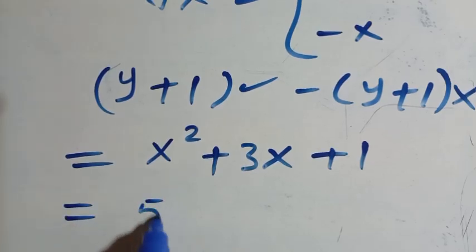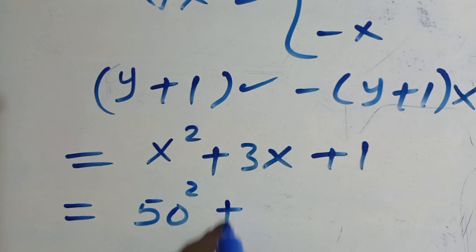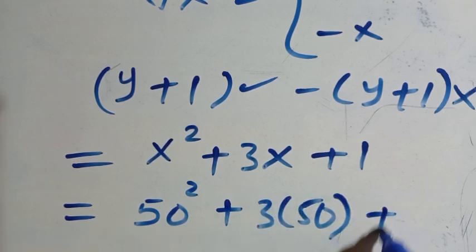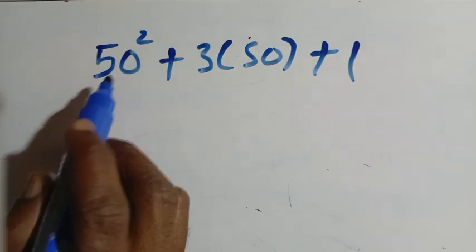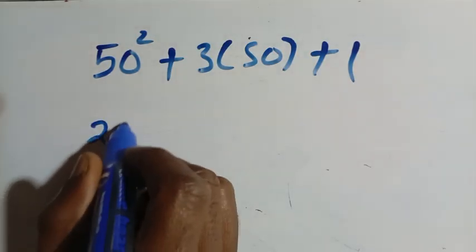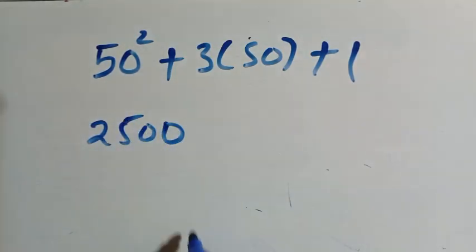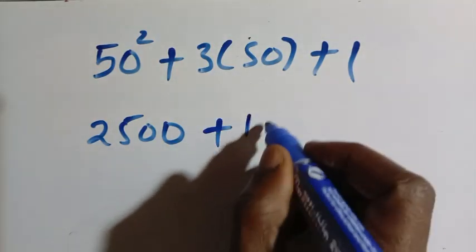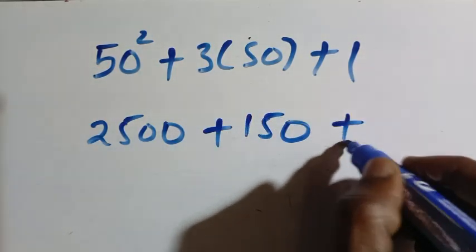So here becomes 50 squared plus 3 into bracket of 50, plus 1. And 50 squared, when we expand it, is 50 times 50, that is 2500, plus 3 multiplied by 50, that is 150, plus 1.